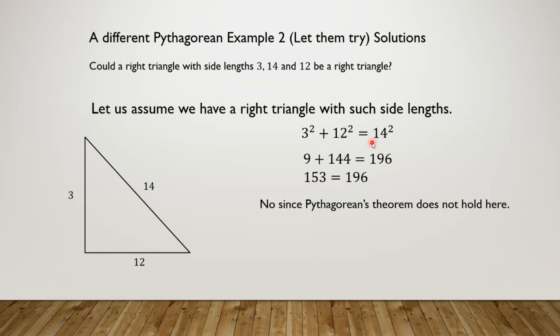Okay, so is this equation true? Well, we have 9 plus 144. That's 153. Here we have 196, but this is not true. 153 is not the same as 196. So because of that, Pythagorean's theorem does not hold here, which means we can't have a right triangle like this.